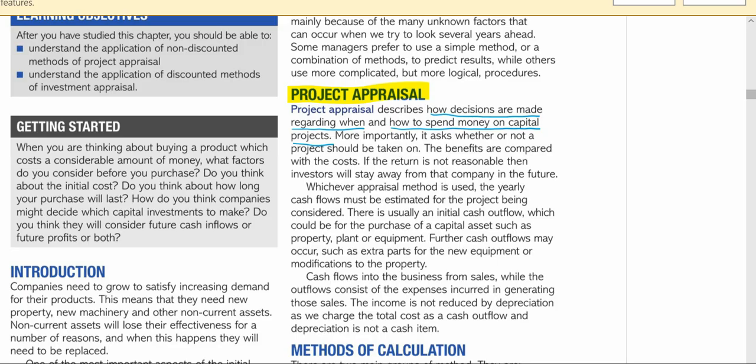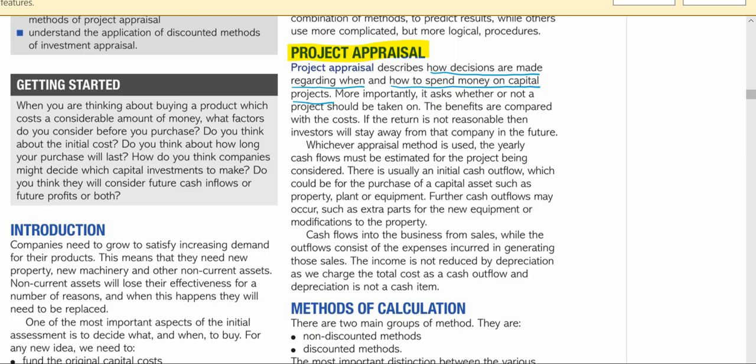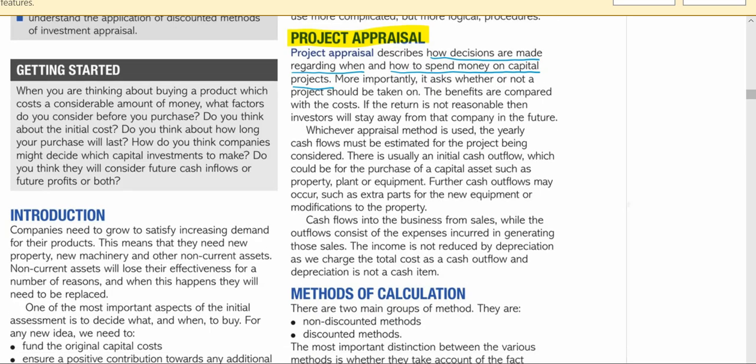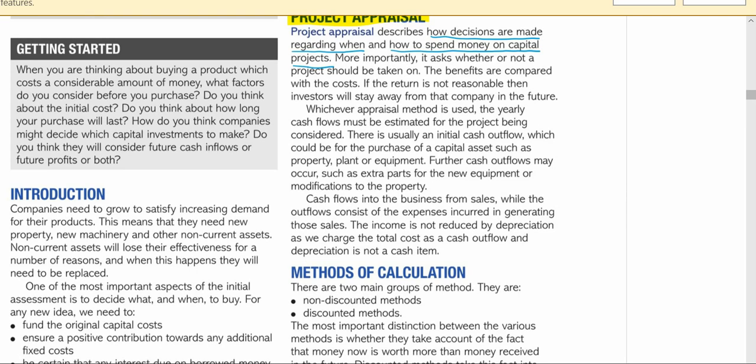Cash inflow means cash coming into the business, and cash outflow means cash going out from the business. Ultimately we need sufficient cash to remain in the business at the end of the investment tenure. Cash flows into the business from sales, so how is cash coming into the business? Obviously when we sell some goods, while the outflow consists of the expenses incurred in generating those sales.